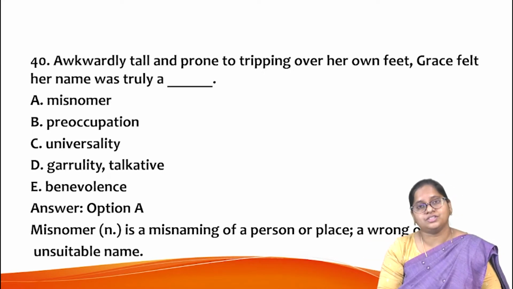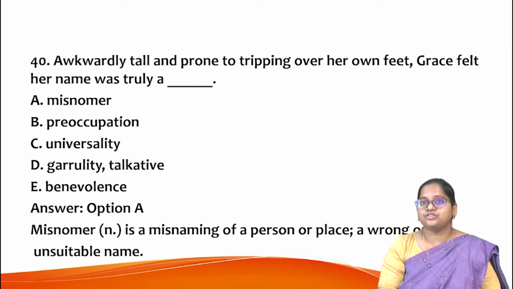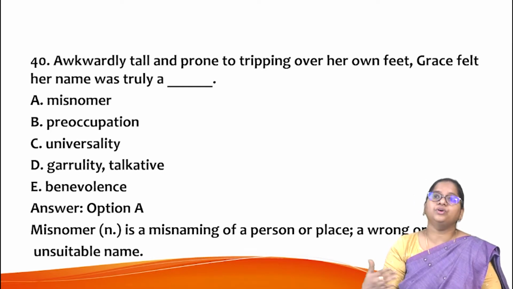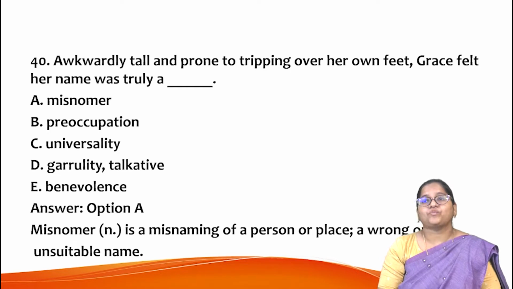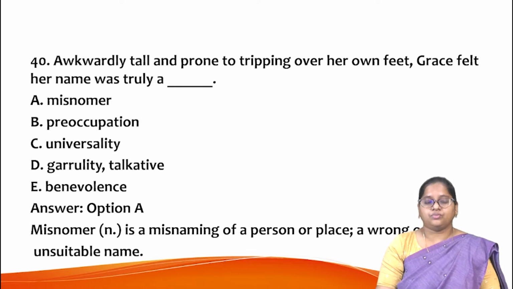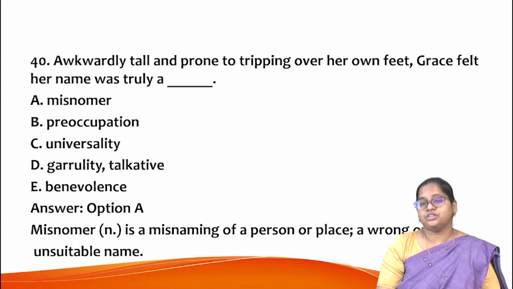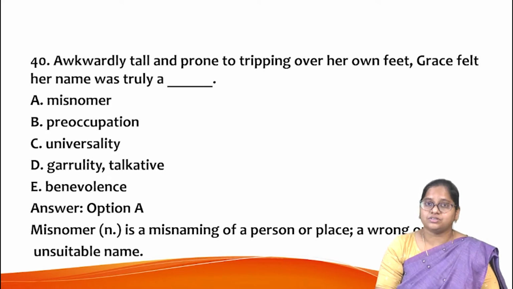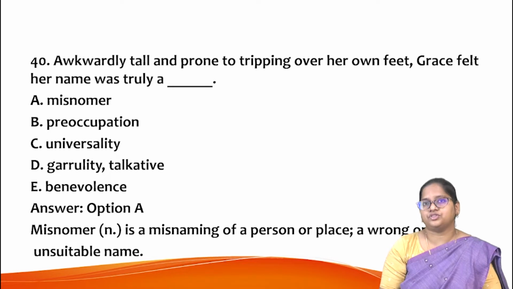A, misnomer; B, preoccupation; C, universality; D, garrulity, which means talkative; and the fourth, benevolence. So now let us think of these options.